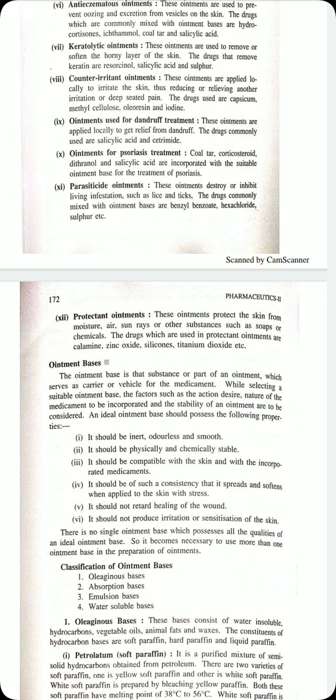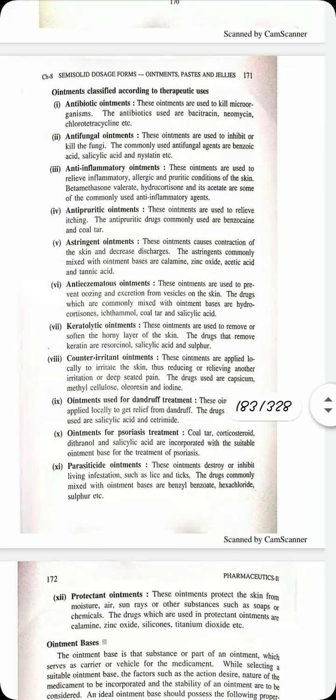So these are a total of 12 classes that come under the classification according to therapeutic use.